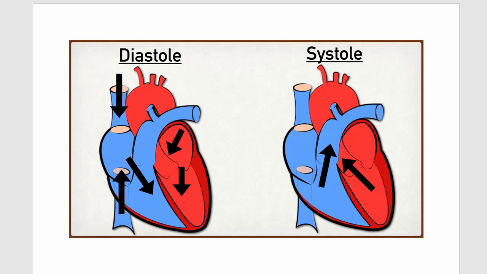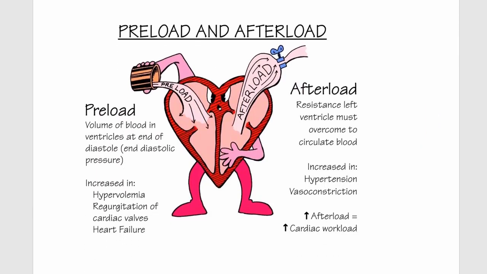Diastole refers to the point during the cardiac cycle when the heart is refilling with blood. This is also the lower end, that 80, so 80 millimeters of mercury. So we have systole and diastole. Now we need to understand preload and afterload. I don't know why the heart looks so angry in this. Preload refers to the volume of blood in the ventricles at the end of diastolic filling.